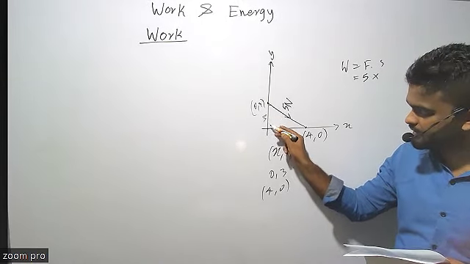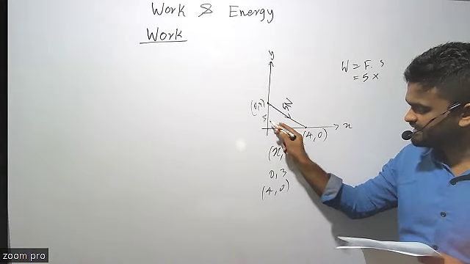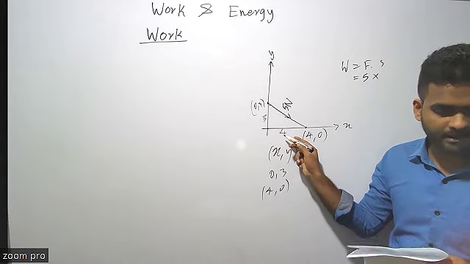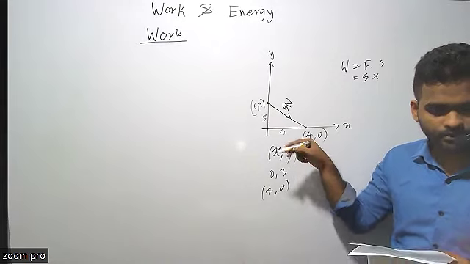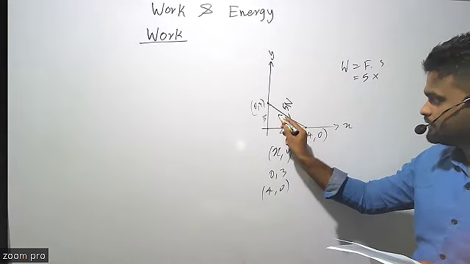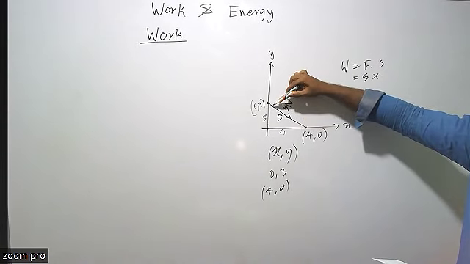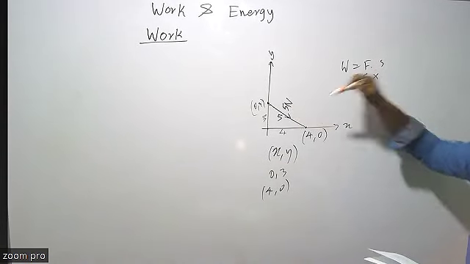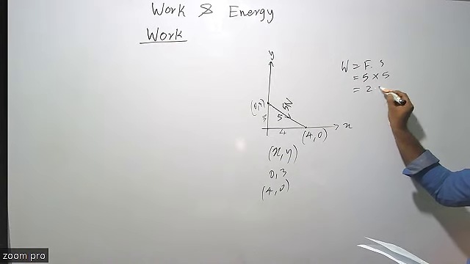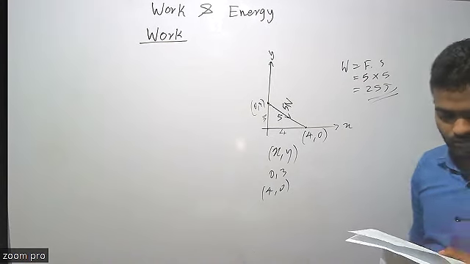This height is 3, this length is 4. If you apply the Pythagoras theorem, 3 squared plus 4 squared, root of that, this side is 5 meters, right? So the force is 5, the distance also is 5. So we do 25 joules of work.